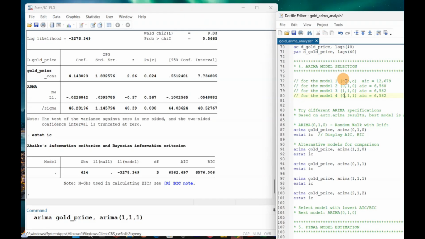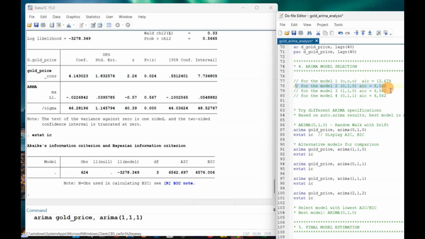Who can let me know the Akaike information criterion for the fifth model? It will be 65, 63.